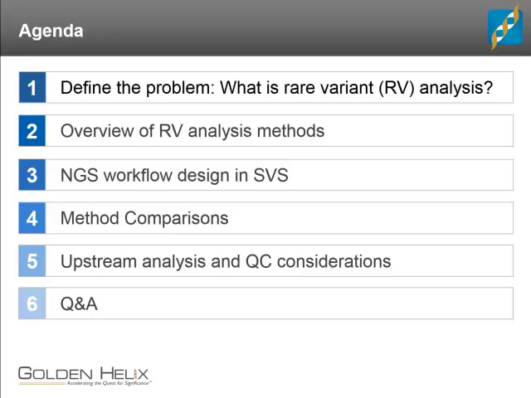Then we'll look at some of the methods that are available and compare and contrast the outputs a little bit and talk about how they behave in different scenarios. Then we'll wrap things up by talking a little bit more about upstream analysis, things you need to know in preparing your data for this type of work. We'll also talk a little bit more there about common variant analysis methods. And hopefully we'll have some time left for questions when we're done.